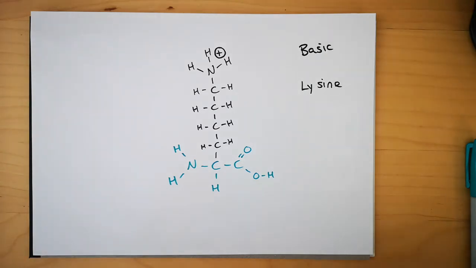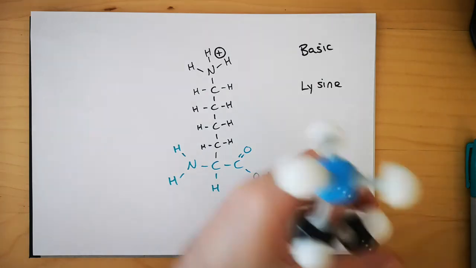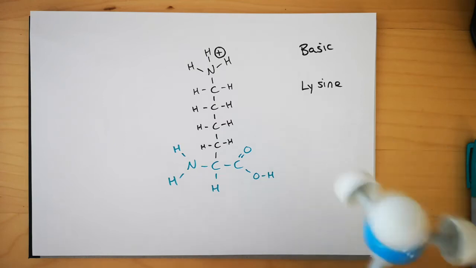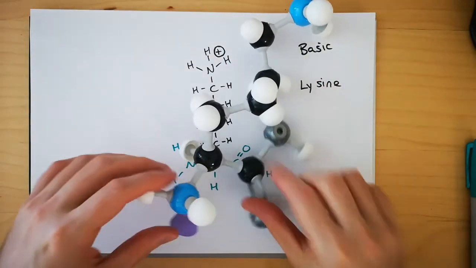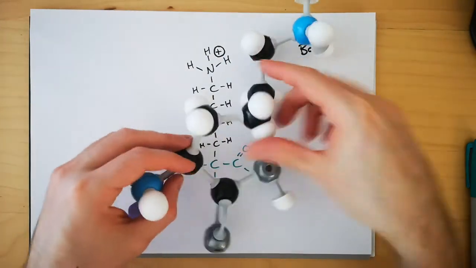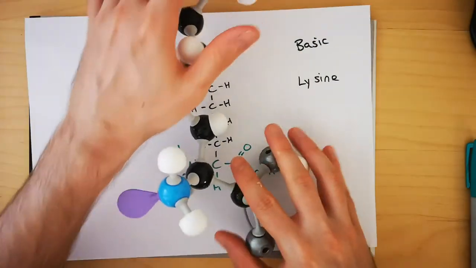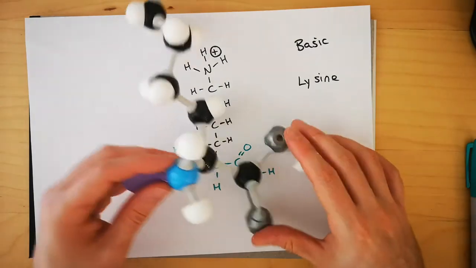Now, what we can do is, once again, take a little look at this one. You'll need to excuse the silver oxygens. I ran out of the red molymods, so you'll have to just pretend those are red.